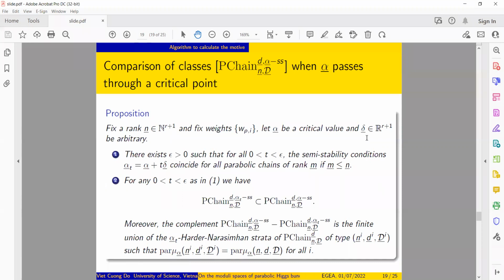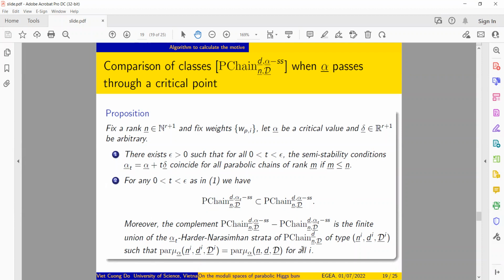Okay, and the problem is what happens at the critical point at the end of each segment. I have some calculation. The difference between the end of the segment and the point inside is given by some formula related to the Harder-Narasimhan strata.